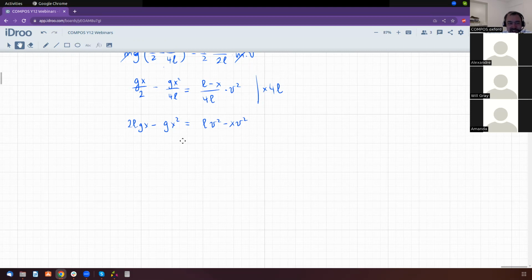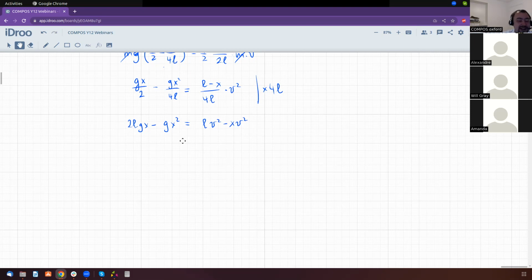But this equation does not contain acceleration. Or does it? How can we find acceleration from this equation? Differentiate. Well done. Thank you. We need to differentiate this expression to get acceleration.